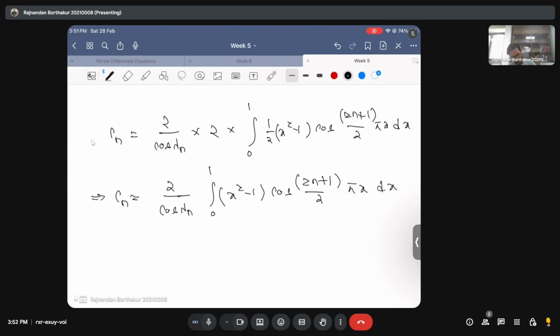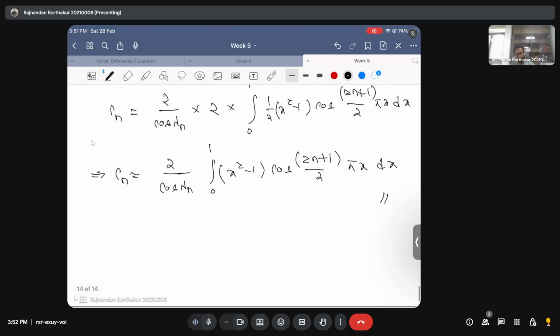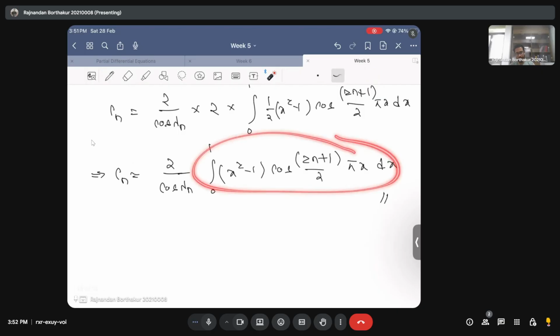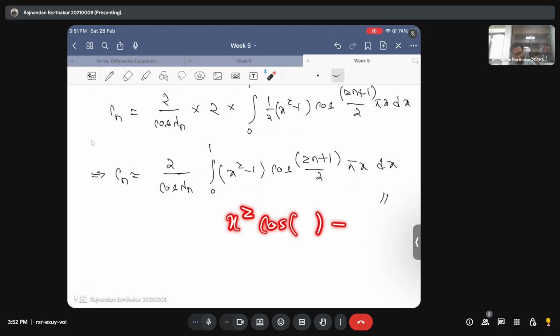That's your Cn. You can easily do this integral. You'll have x squared times cosine of this function minus cosine of this function. For this you need to apply integration by parts, and the integral of cosine is just going to give you the sine function.